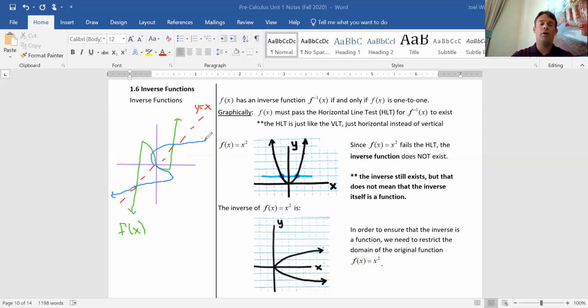And if I drew that correctly, if we were somehow able to fold the graph along this dashed line, we'd find out that the blue line and the green line would lie on top of each other. So f of x was our original function. The inverse of that would be f prime of x.